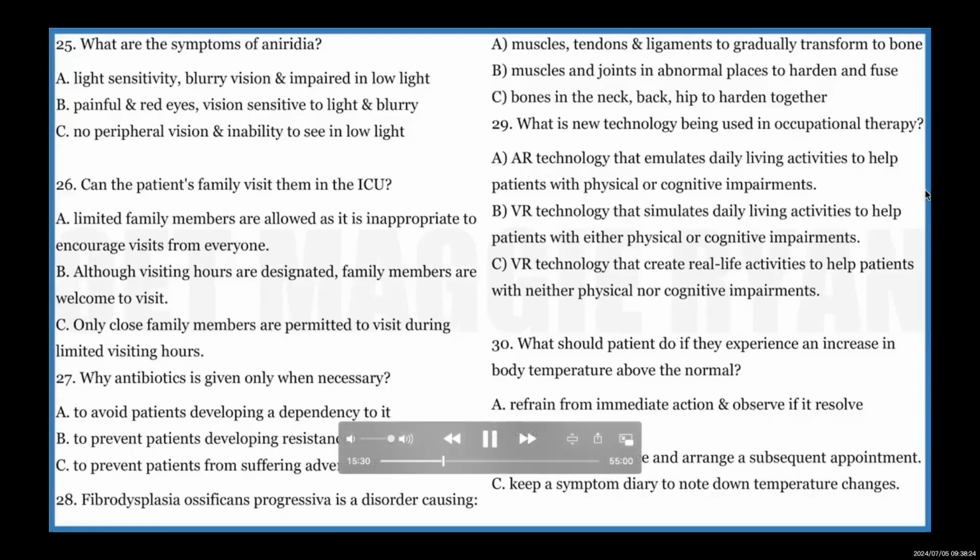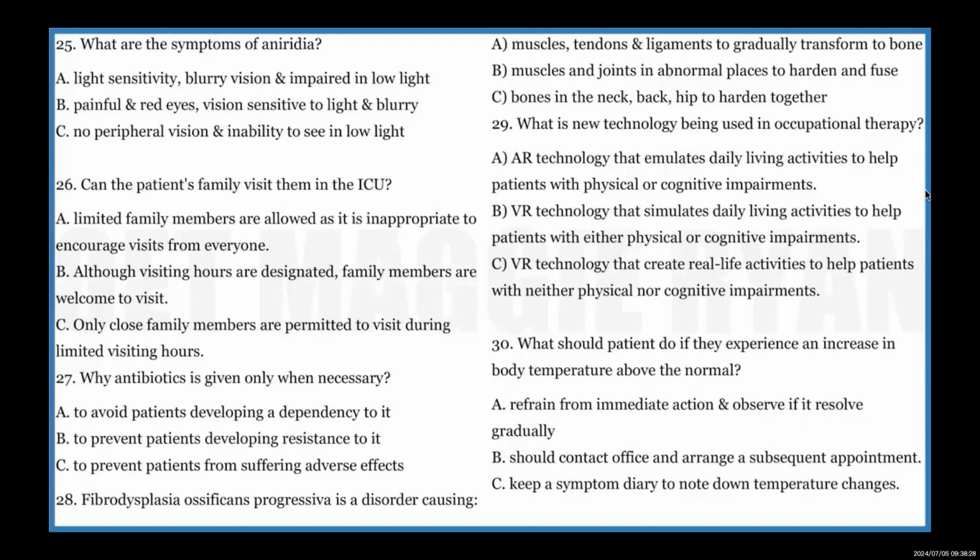We'll need to monitor your vital signs closely and administer medications to help manage your pain and improve your breathing. How about your appetite and thirst? I don't really have much of an appetite or thirst. That's understandable. We'll make sure you get adequate nutrition and hydration through IV fluids and a feeding tube if necessary. We'll also help you maintain your personal hygiene and comfort.